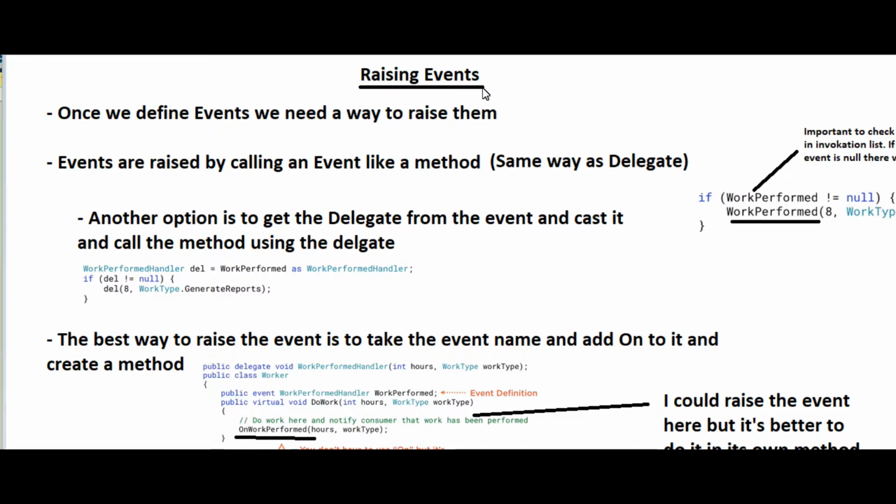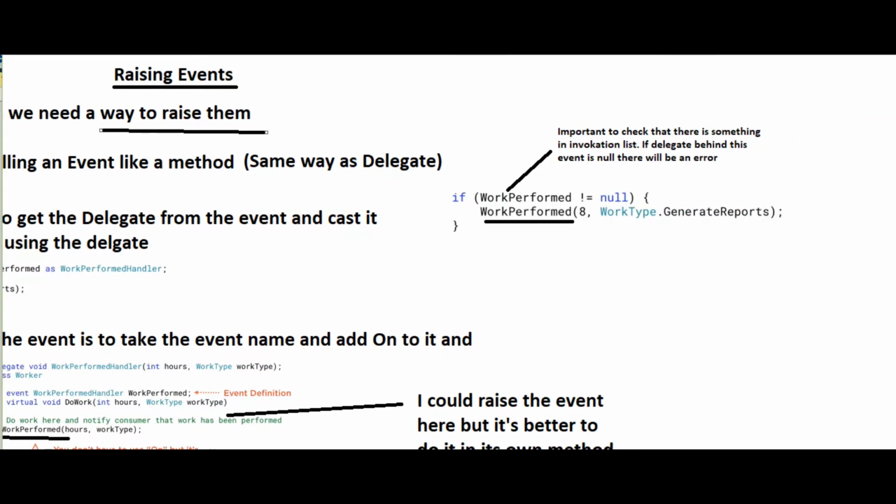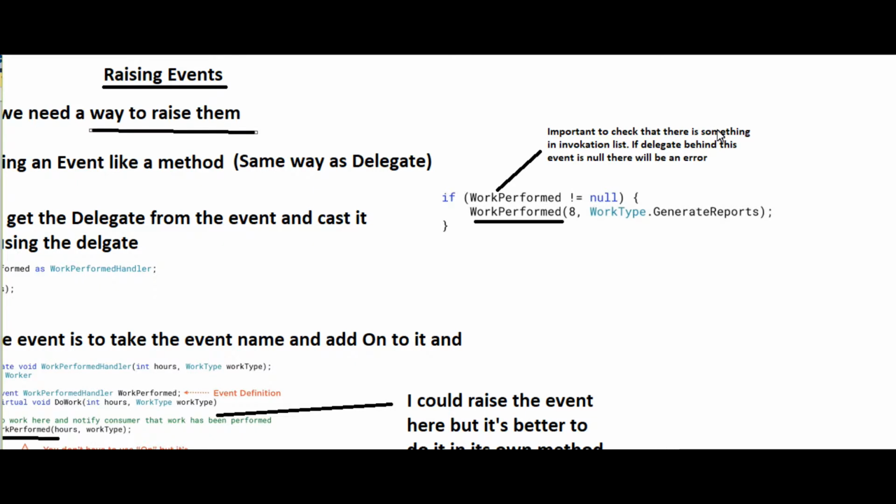So the next thing we need to learn is how to raise the event. Once we define events, we need to find ways to raise them. Events are raised by calling an event like a method, so they're called pretty much the same way as a delegate. It's very important to first make sure that there's something in the location.